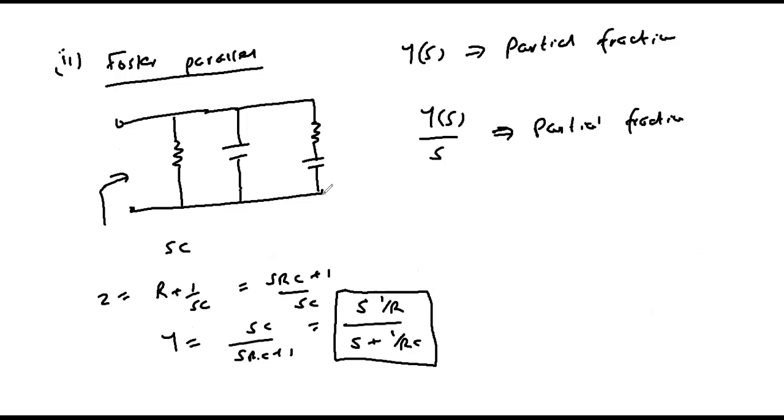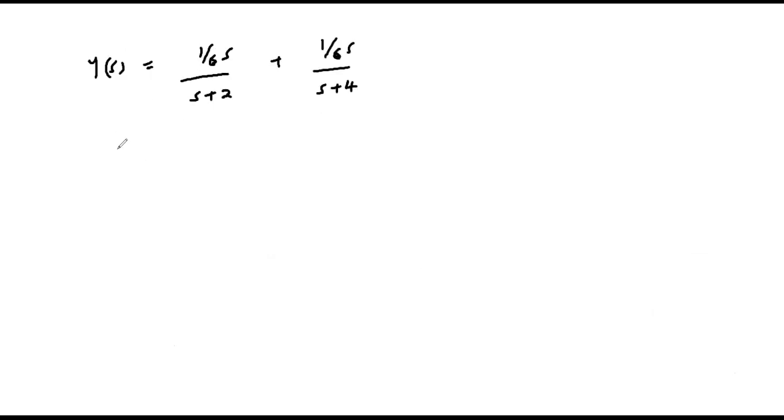If you look at those two parameters, they correspond to the admittance of a series connection of resistor and capacitor, whose admittance is S into 1 over R divided by S plus 1 over RC. That means we can compare this with 1 over 6 S over S plus 2, from which we notice that 1 over R is 1 over 6.